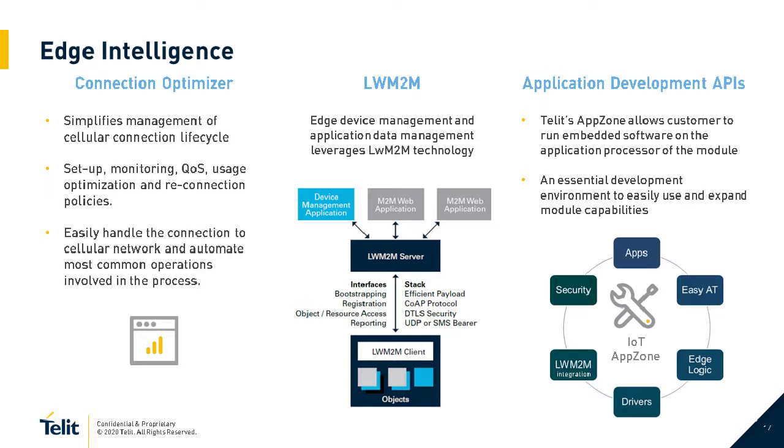And then all of the embedded APIs, making it extremely easy to build those rich edge applications to massage the data at the edge before sending it to the cloud.